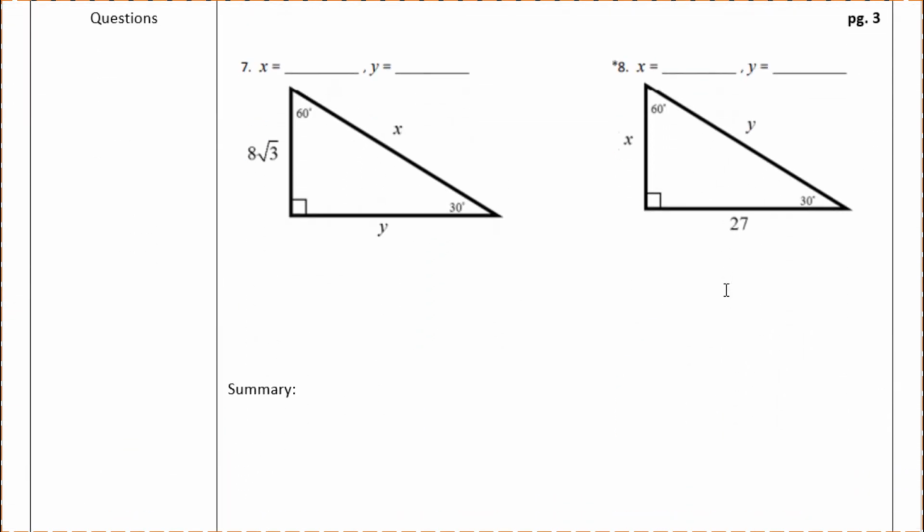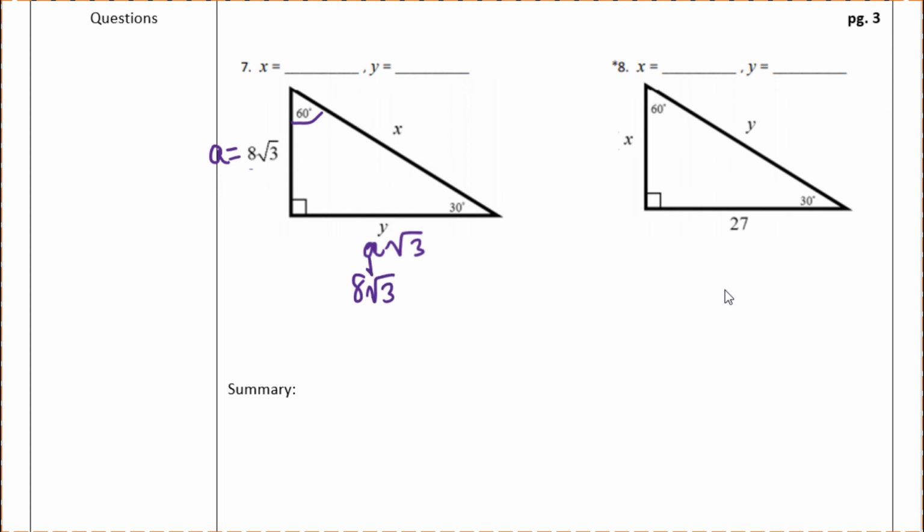All right, number 7. So we have another 30, 60, 90 triangle. The side that is closest to the 60, this shorter side, is a. This is a times square root of 3, right? So y is 8 square root of 3 times square root of 3.